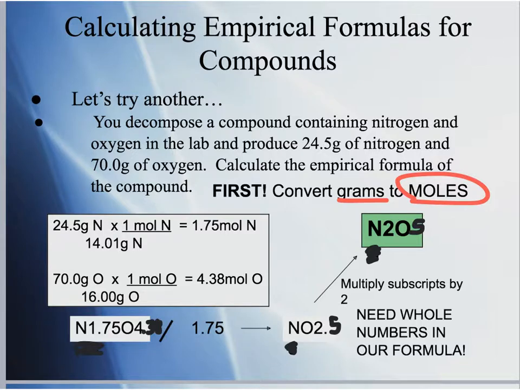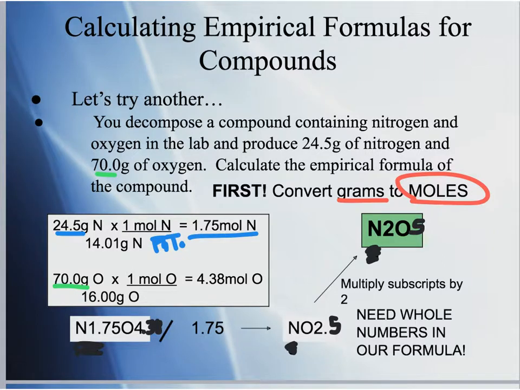So we'll take our 24.5 grams of nitrogen, convert it to moles using our periodic table. When we do that, we end up with 1.75 moles of nitrogen. We'll do the same thing with our 70 grams of oxygen that we are given from the computer analysis, and we're going to turn that into moles.